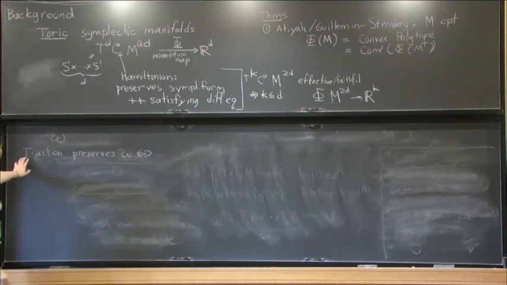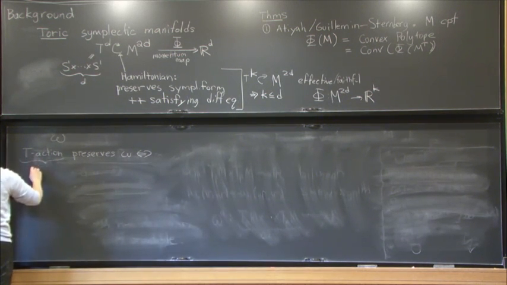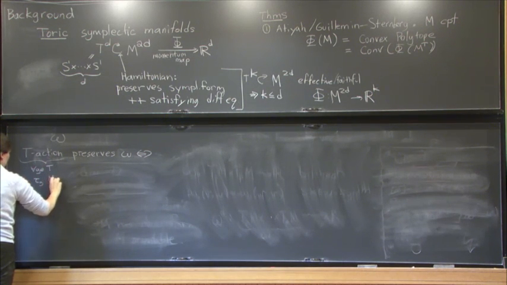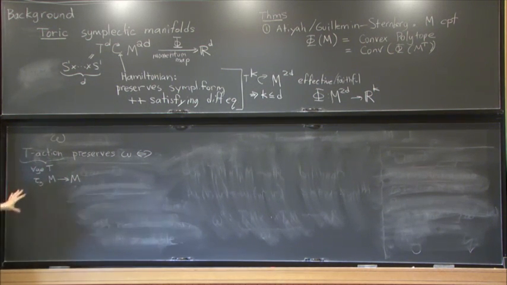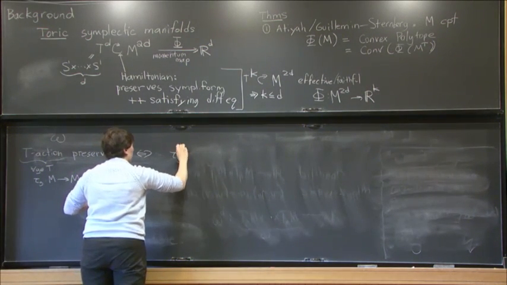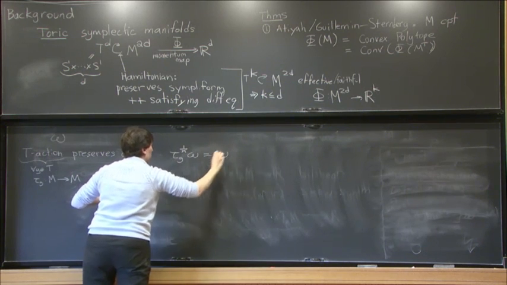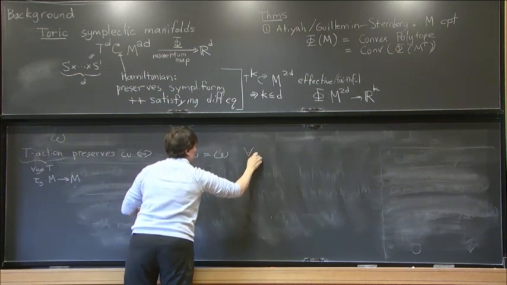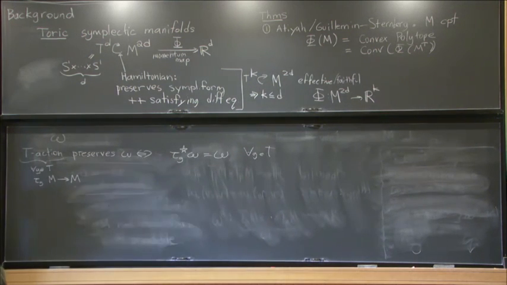For this T action, for each g in T, I have a diffeomorphism tau g from M to M. And preserving the symplectic form is the same as saying that the pullback of the form is the form for every g in the group. We can see that both here and here: if we measure area and then rotate it around, we're still measuring area, the same thing. And so these both preserve the symplectic form.